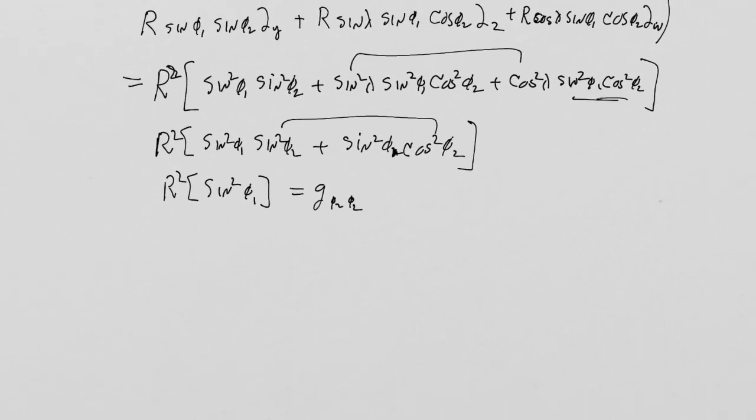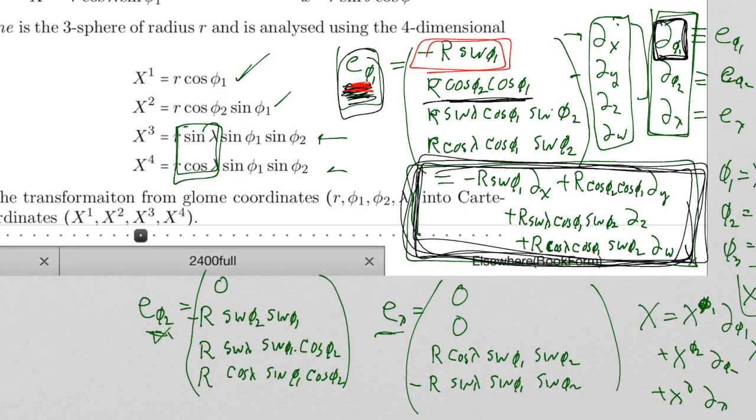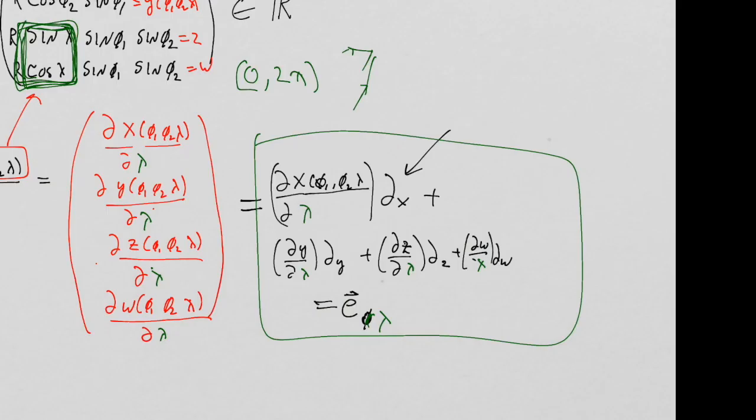And then I guess we're left with the calculation of G lambda lambda, which is going to equal E lambda calculated in the Euclidean metric, which is, the point is, it's partial lambda in the glome metric. And this guy, now I have to go back again, and I'm looking here at this, it's r cosine lambda, sine phi 1, sine phi 2, so it's all sines, cosine first, sine second, and there's a minus sign.